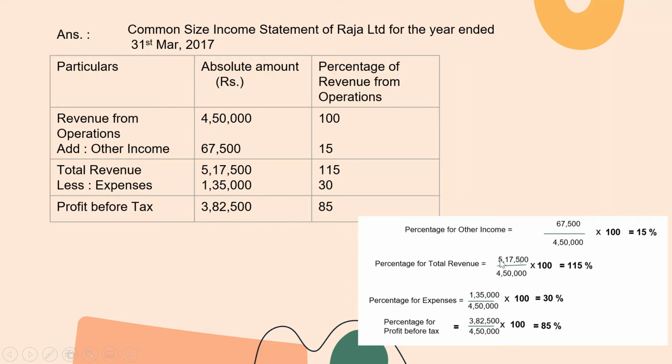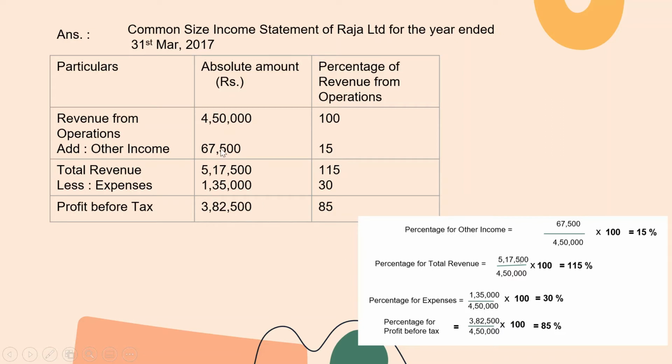For the students who are very poor in calculations, you can follow this, adding this 115. And next, for expenses, you have to find the percentage as 1,35,000 divided by 4,50,000.